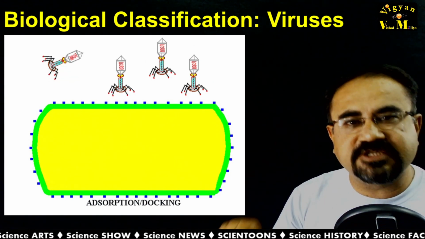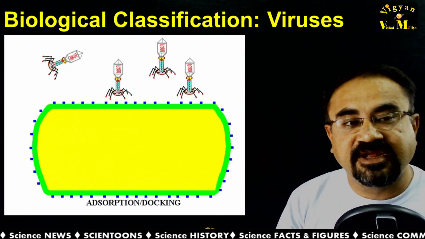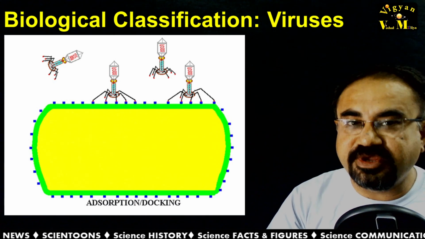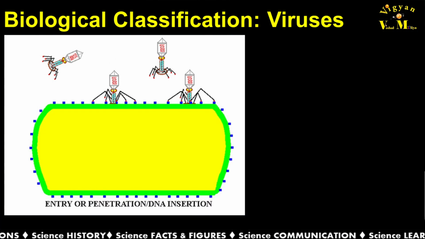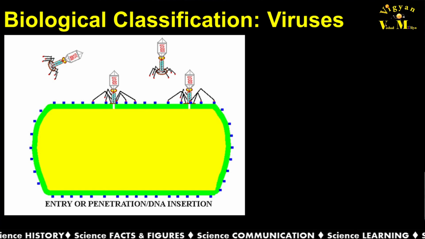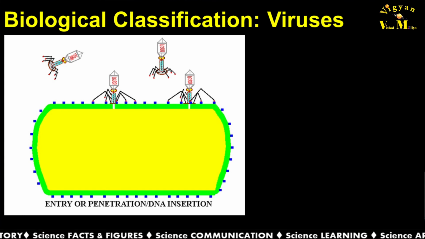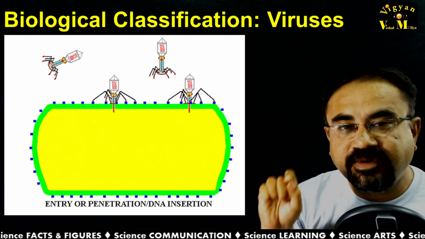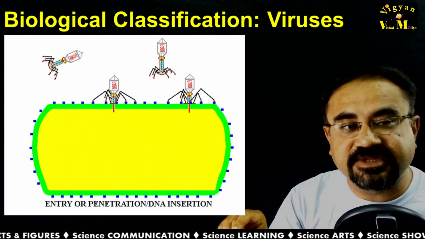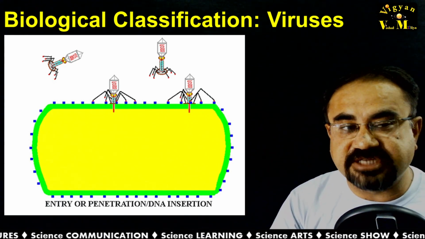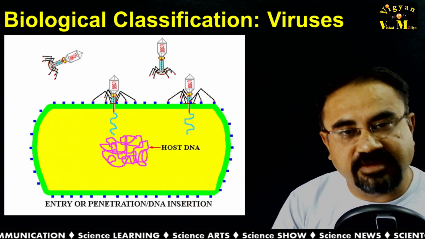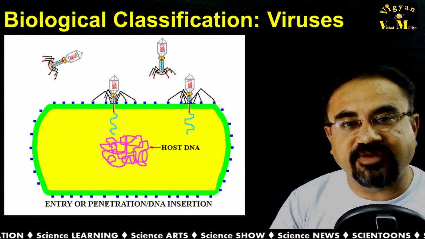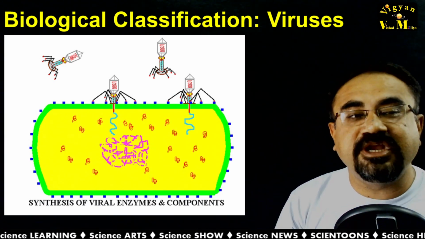The moment virus finds a host cell, they come in contact with it, and they pass through or cut the cell membrane or cell wall, whatever is there, and inject the nuclear material, the genetic material. This genetic material mixes with the genetic material of the living host and multiplies.